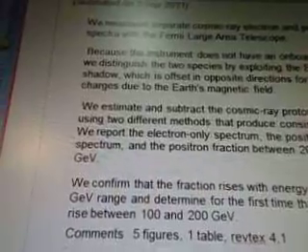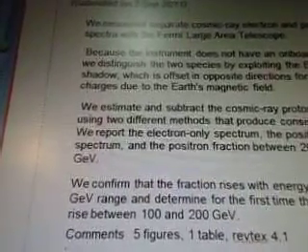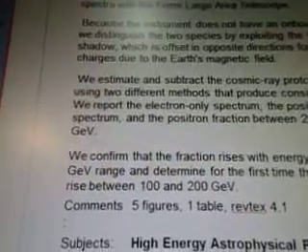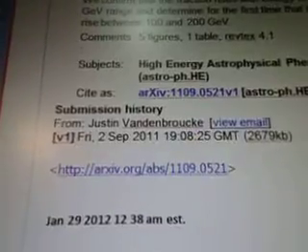We estimate and subtract the cosmic ray proton background using two different methods that produce consistent results. We report the electron-only spectrum, the positron-only spectrum, and the positron fraction between 20 GeV and 200 GeV. We confirm that the fraction rises with energy in the 20 to 100 GeV range and determine for the first time that it continues to rise between 100 and 200 GeV.